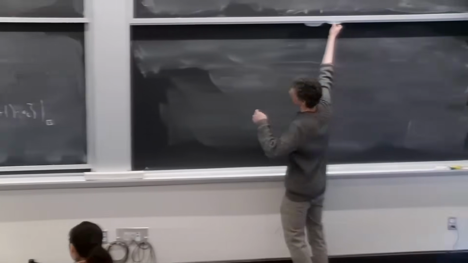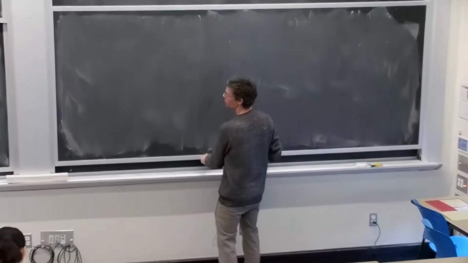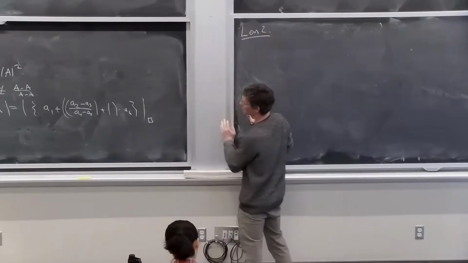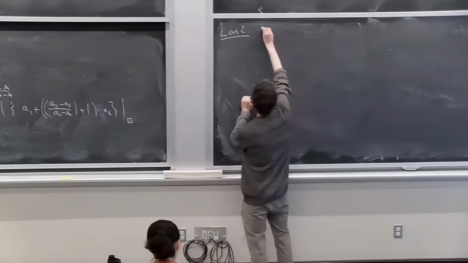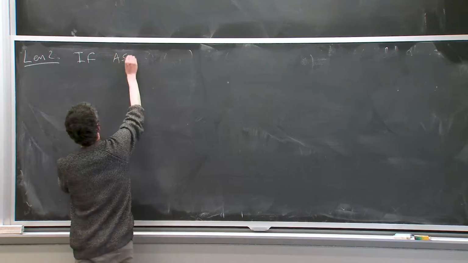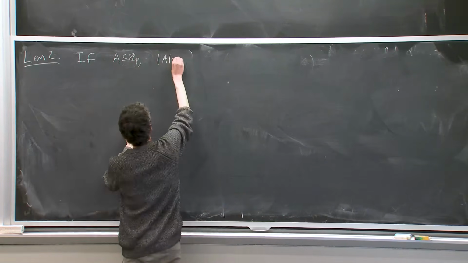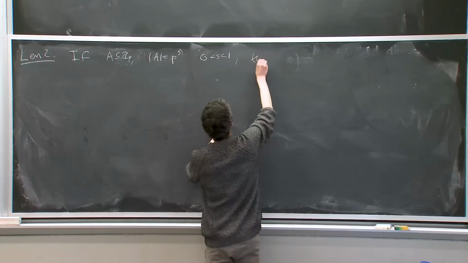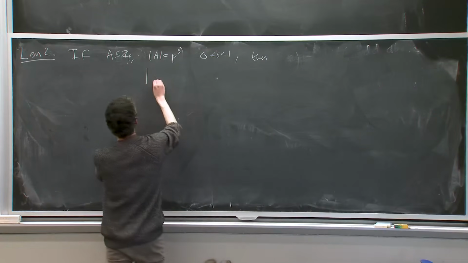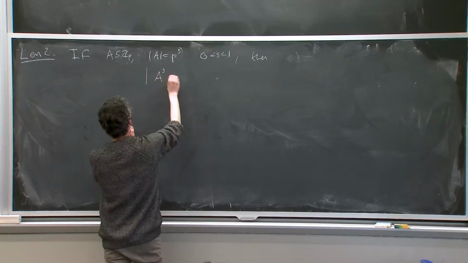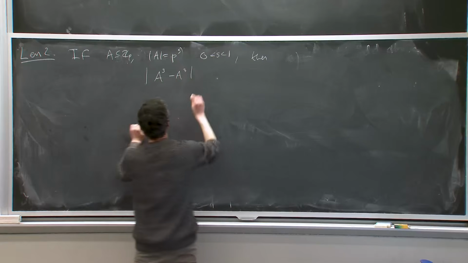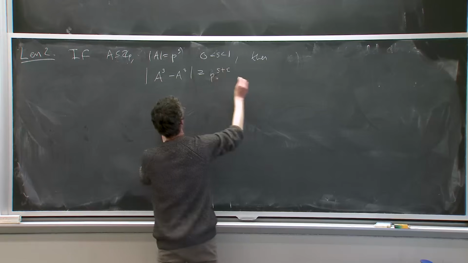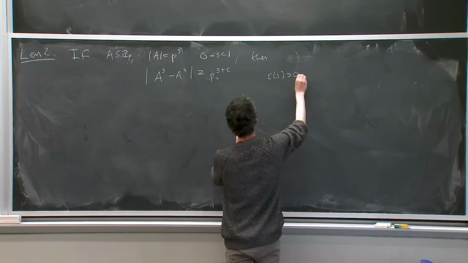Cool. So then I had a Lemma 2 from last time, which was true, but because it depended on Lemma 1, I'm going to have to make it a little bit weaker. It says that if A is in Z_p, and the size of A is p^s, 0 < s < 1, then we can have |A^3 - A^3| at least p^(s+γ), a little bit more.